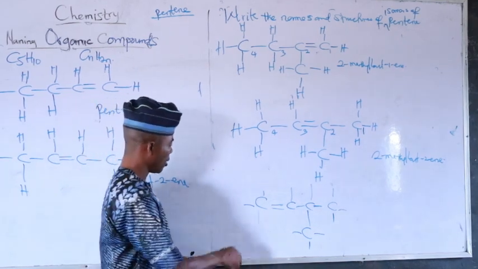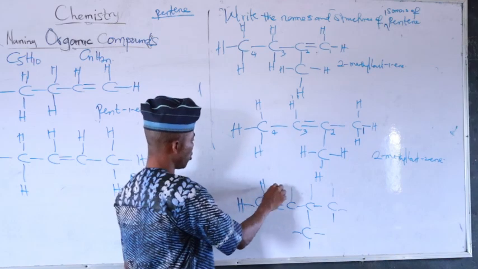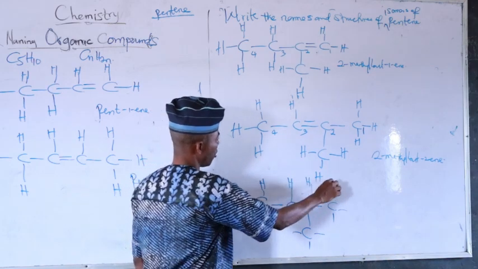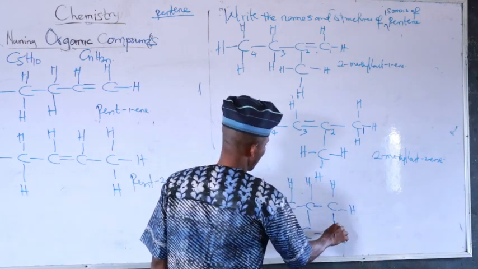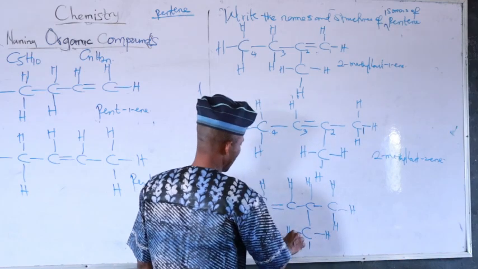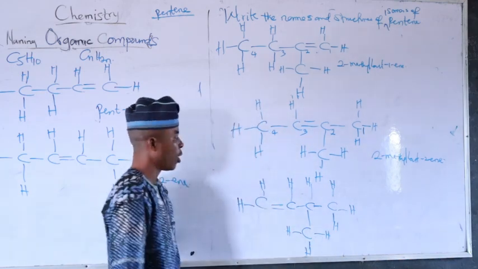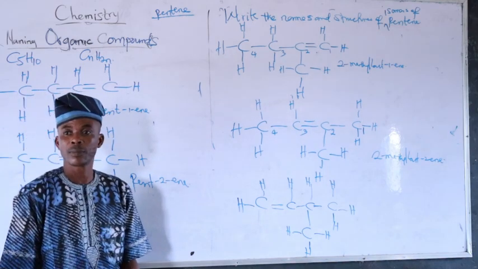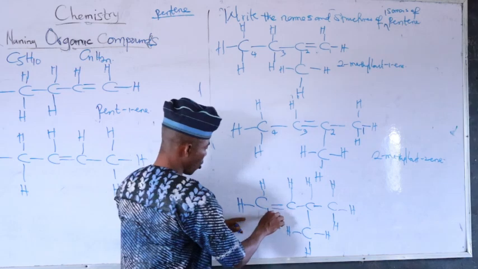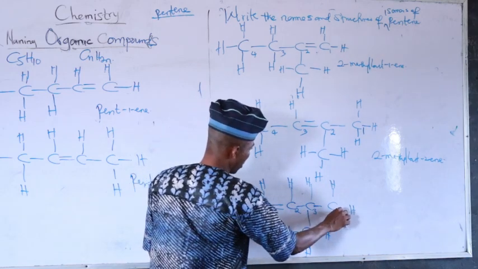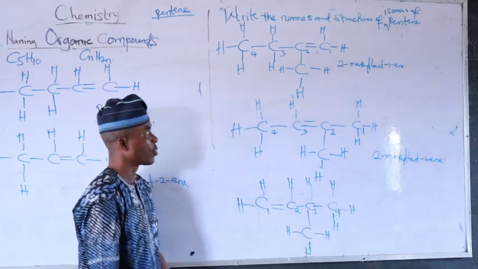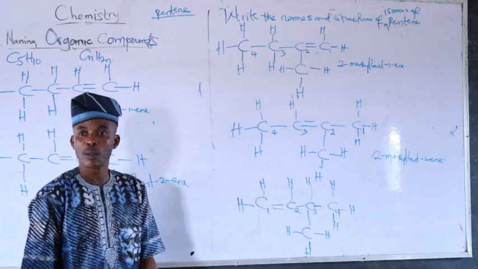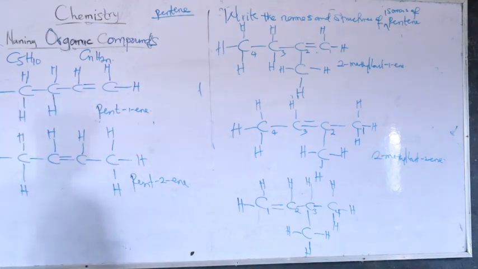Let's look at 1, 2, 3, 4, 5, 6, 7, 8, 9, 10. What will be the name of this compound? This is carbon number 1, carbon number 2, carbon number 3, carbon number 4. That will be 3-methylbut-1-ene. Have you written something like that?